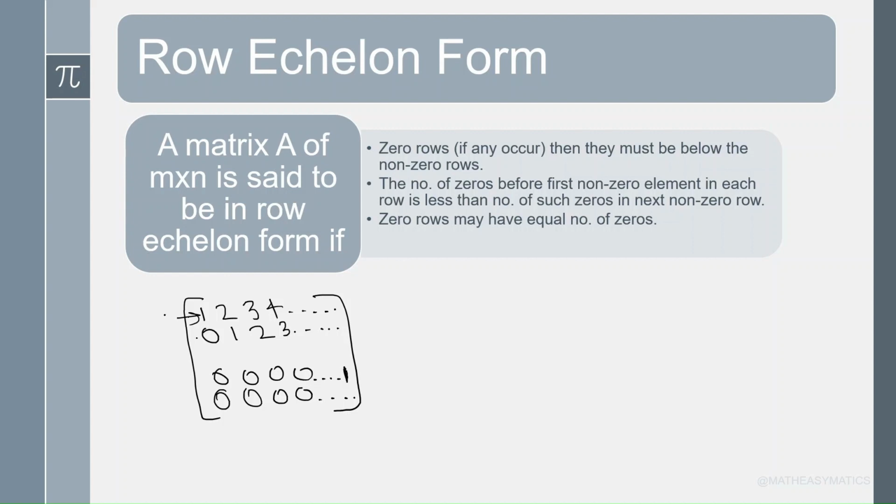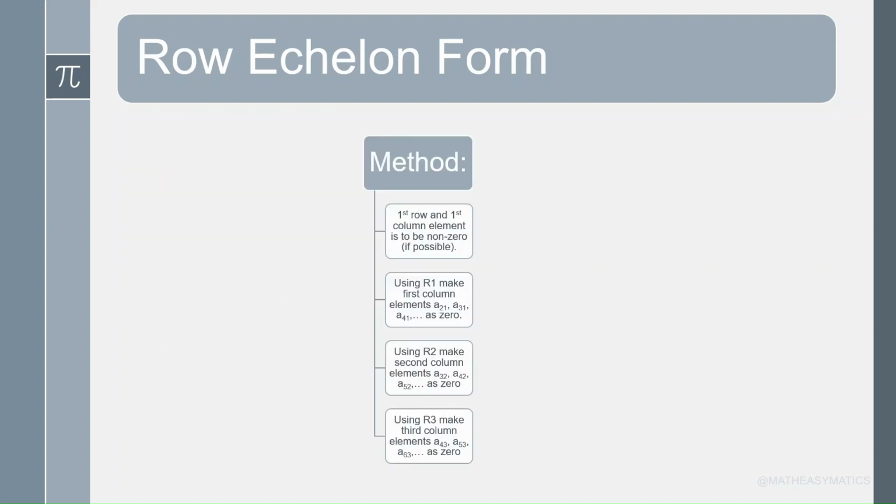Here number of zeros are 0 and here number of zeros are 1. That's the second point. Third point is zero rows may have equal number of zeros. As we saw from the first point that zero rows are always at the bottom in row echelon form, so it doesn't matter.